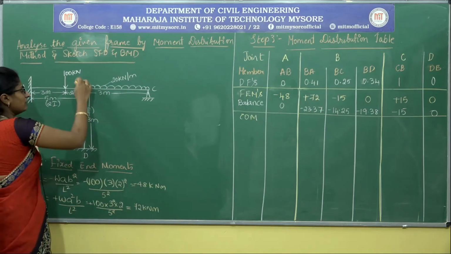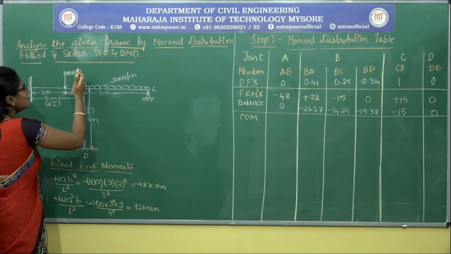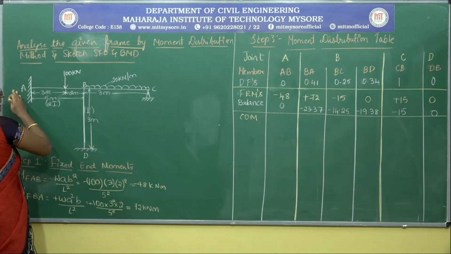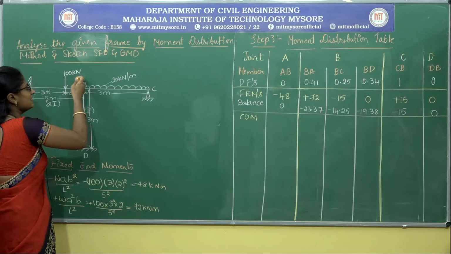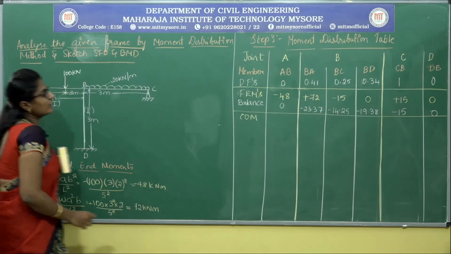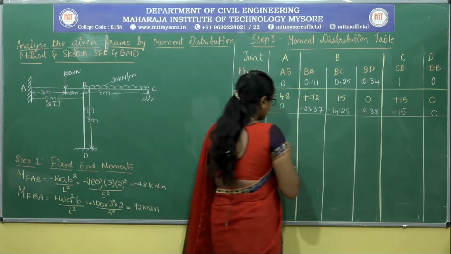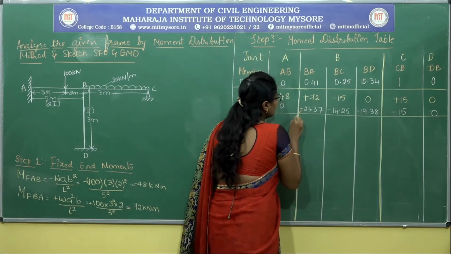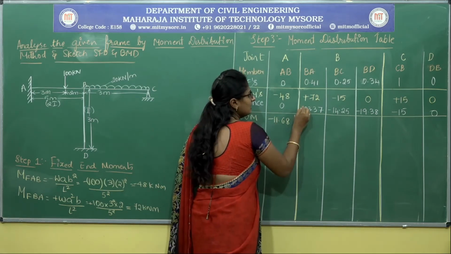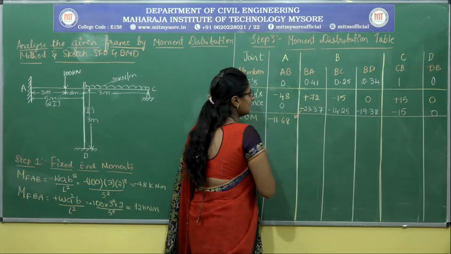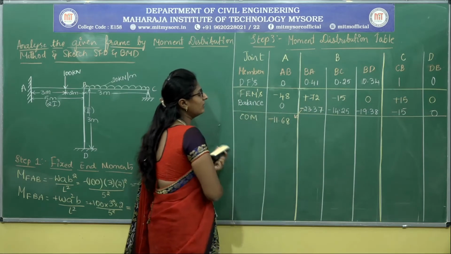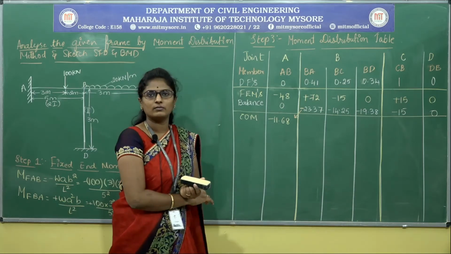It will transfer half of its moment to the other end if the other end is fixed. Since the other end is fixed, half of 23.37 is transferred, but that is to AB. So what is half of 23.37? Minus 11.68. Here the balanced moment is in the anti-clockwise direction. Since it is minus, therefore the carried moment is also negative.